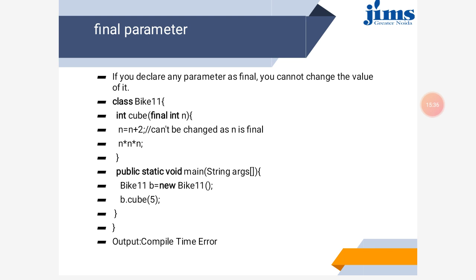If you pass 5 to it, then it can calculate, but modification is not possible. You cannot change the value of n, so a compile time error comes. While restricting your caller, you can put final as a keyword before the parameter.